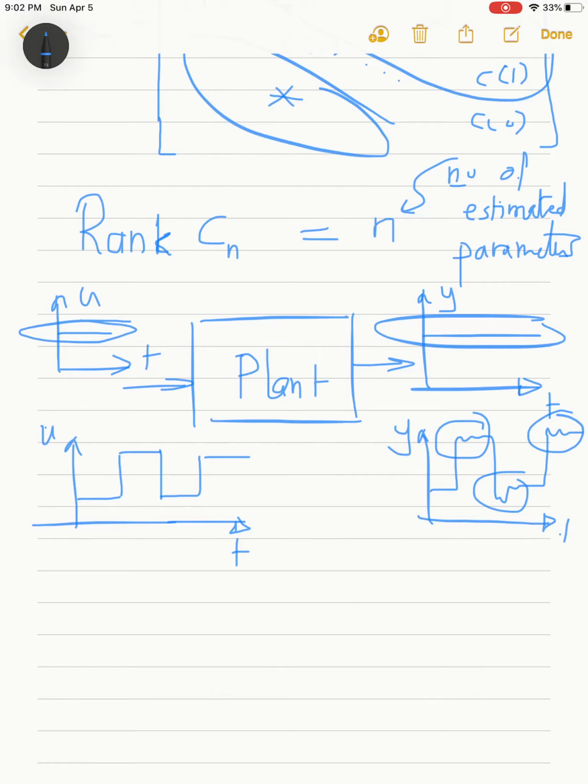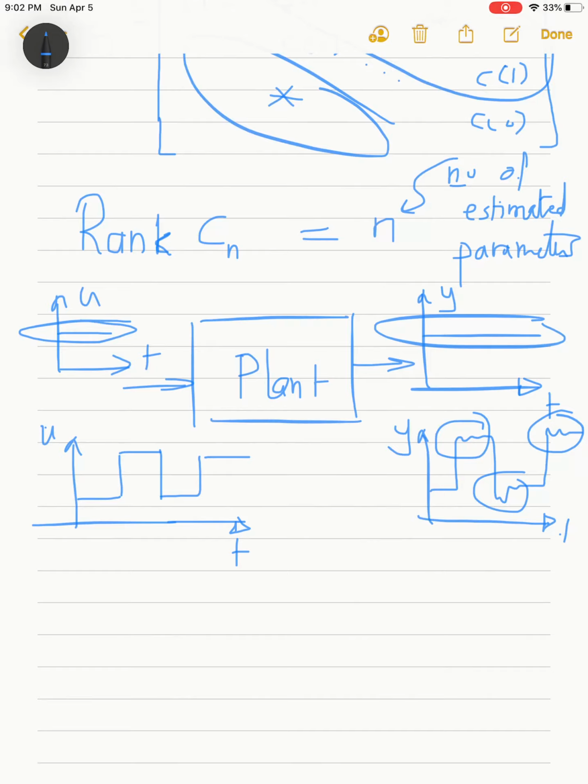So if I collect now the input and the output measurements, and I use least squares to estimate the parameters of the system, I would get for sure better, more accurate results than what I would get from using just a constant input at the input of the plant.